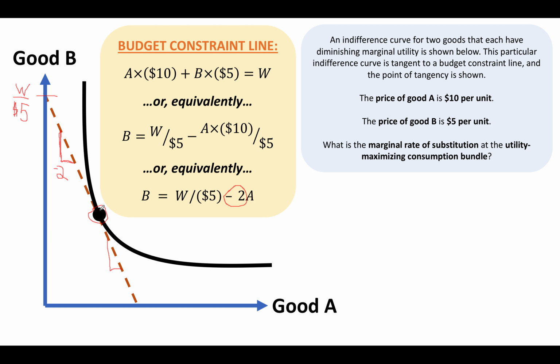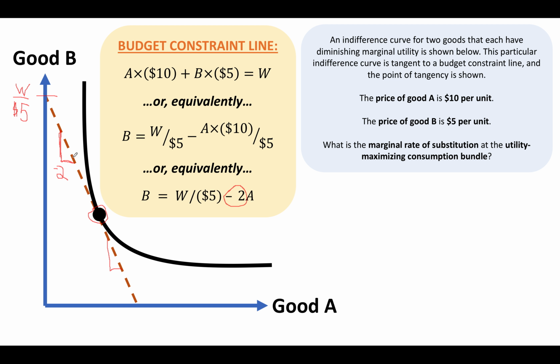Well, it just so happens that the slope of the tangent line to the utility maximizing bundle is going to be equal to the slope of the budget constraint line, because by one explanation that I just gave you, the budget constraint line must be tangent to an indifference curve at the utility maximizing bundle.